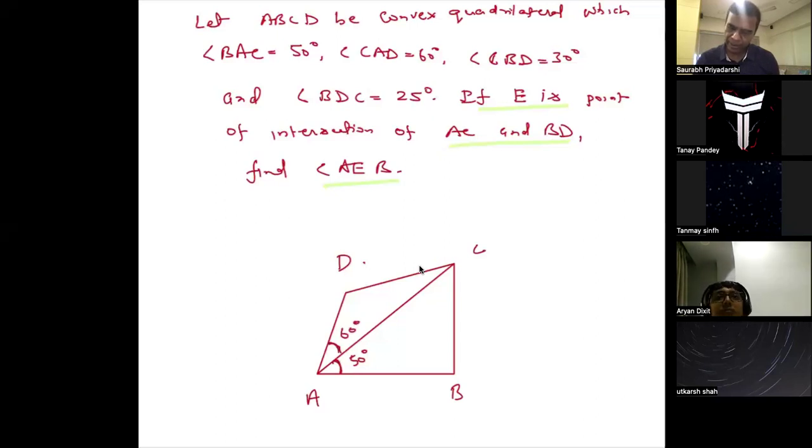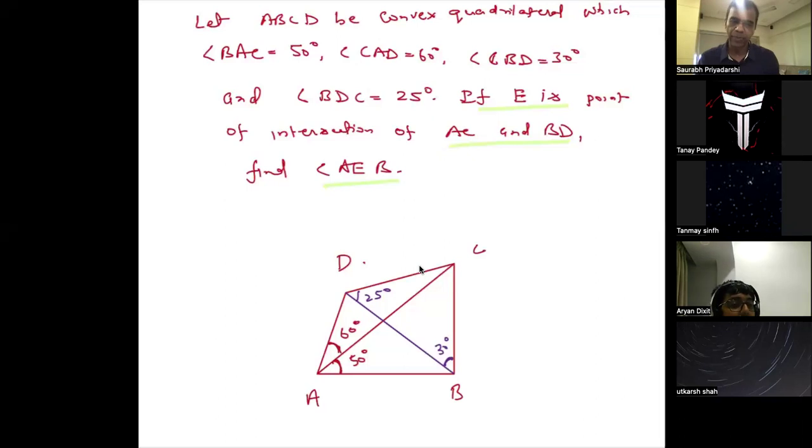And BDC, again I'll change the color. BDC is 25 degrees, and CBD is 30 degrees. So this is the quadrilateral.